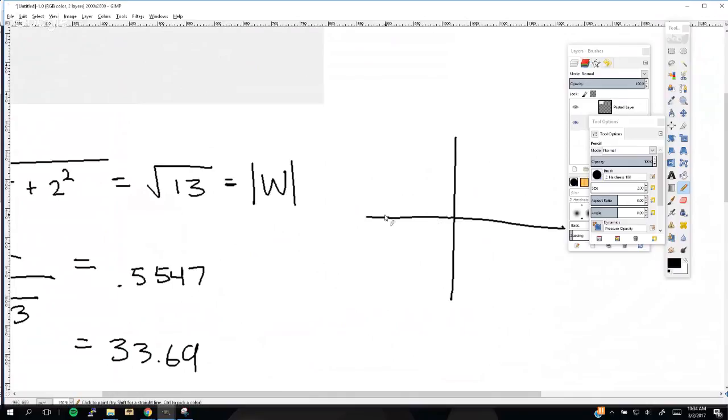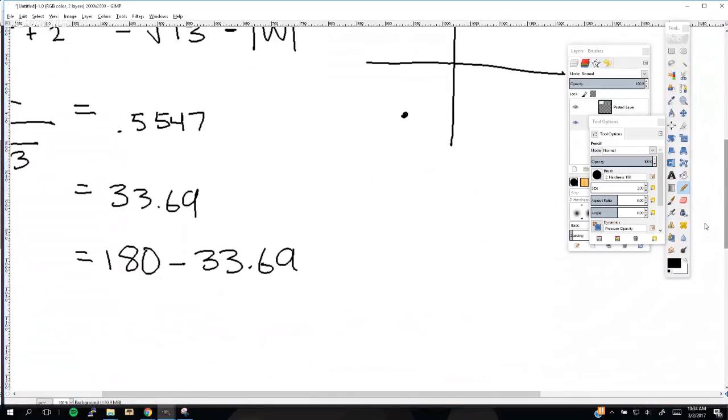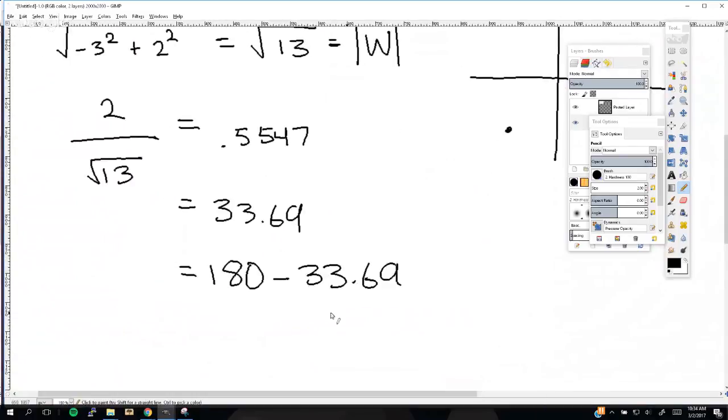Because it would be in quadrant 2. So you do 180 subtract whatever it is. Yeah, because that's 146.31.